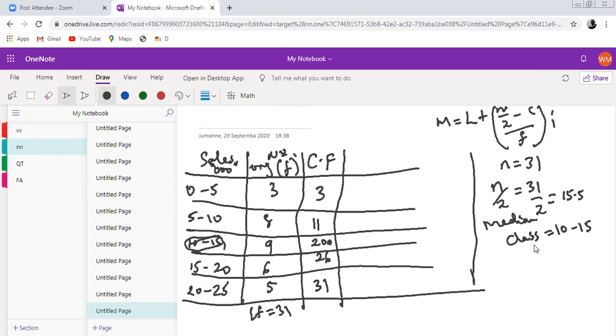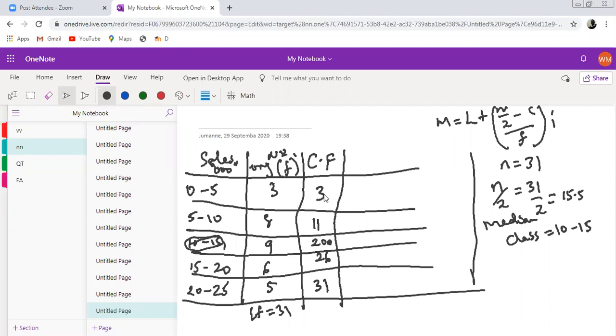I don't know whether that is clear, because first of all, we need to locate the median class to be able to get these other values. The L, the C, and the F can only be obtained after you have located the median class. And how do you get the median class? Get the total frequency, divide by 2, and then you can locate where that value is going to fall in the cumulative frequency.